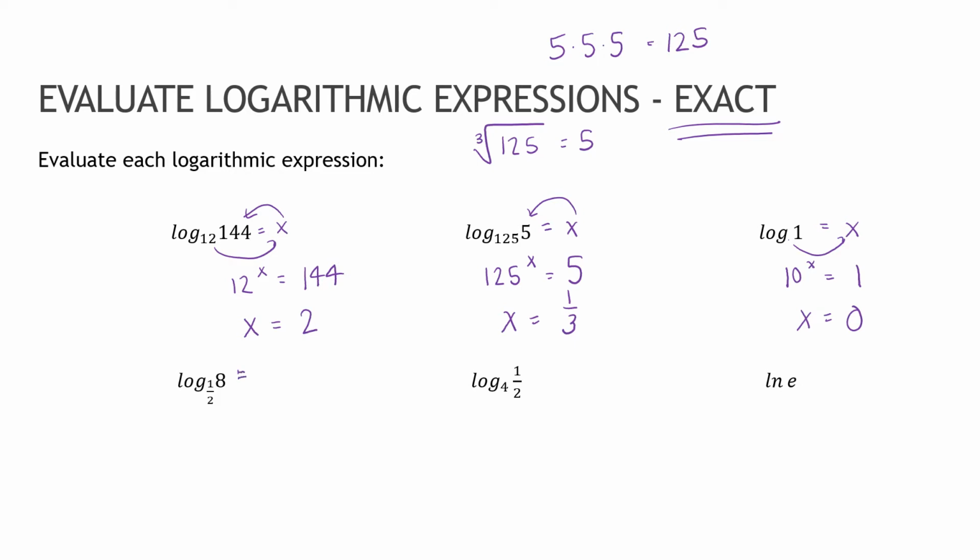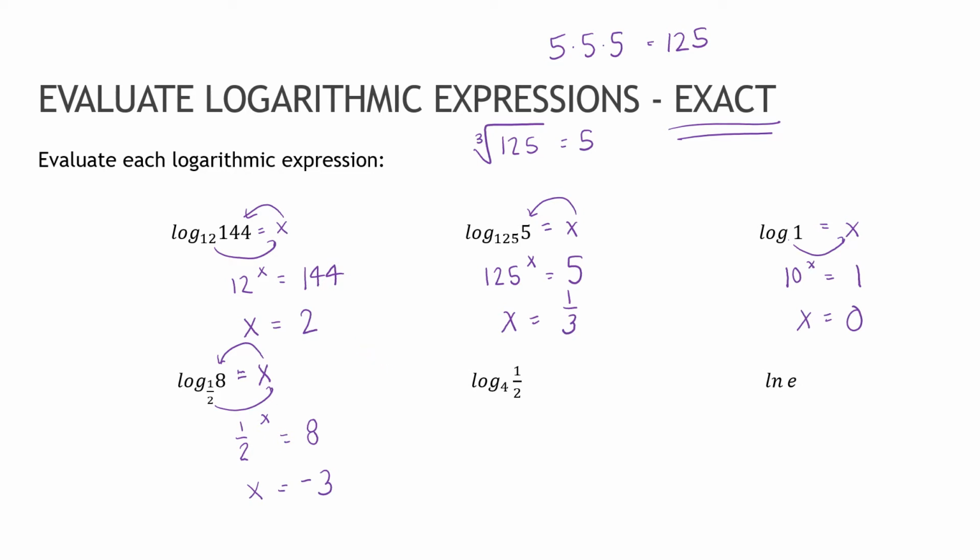Let's continue. Again, making it equal to x, this is 1/2 to what power is equal to 8? Well, I know if I want 2 to be 8, I would take it to the 3rd power. So instead, I'm going to take x to be not the 3rd, but the -3rd, because remember, a negative exponent tells me that I'm going to flip.